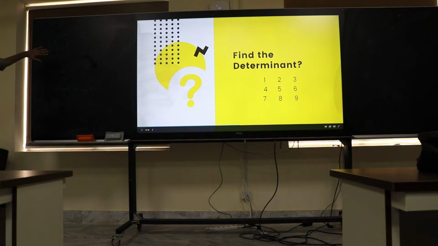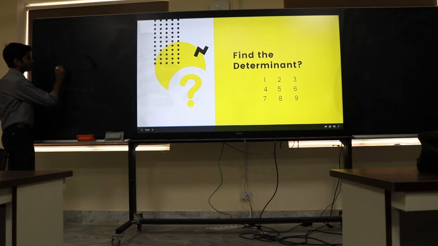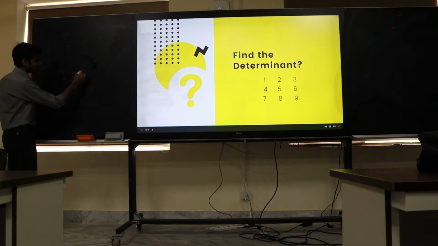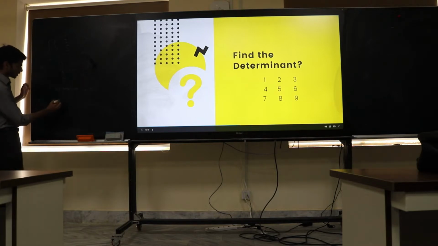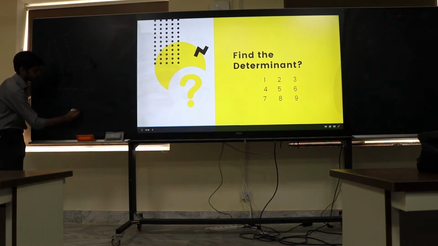How to calculate actually this matrix? If we are dealing with this row, we have to cut the row part and the column part of the number. So what we get is this matrix: 5, 6, 8, 9 is the matrix part.